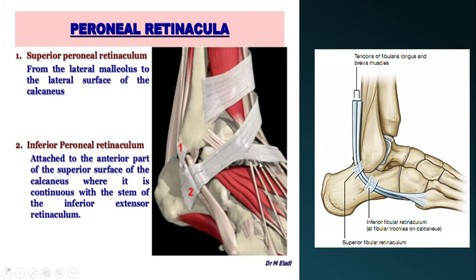Superior retinaculum is going to keep the tendons placed behind the lateral malleolus, while the inferior retinaculum is going to keep the tendons placed along the trochlea of calcaneum.